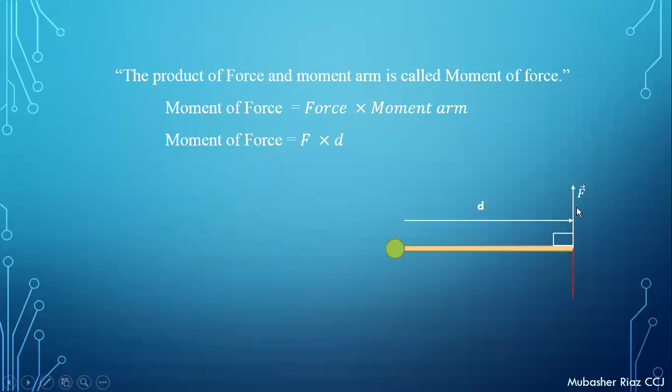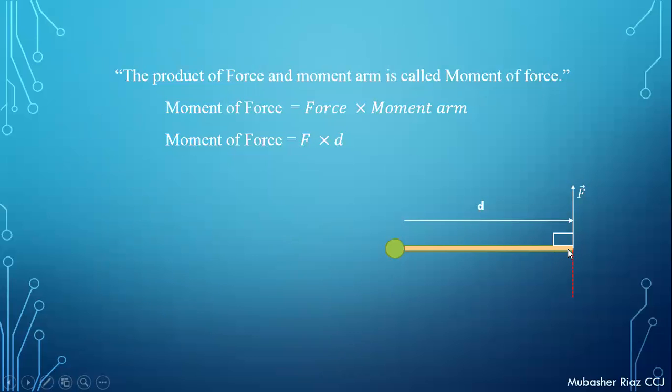This is the line of action of force where force is being applied, and the distance between the axis of rotation and the line of action of force is called moment arm, represented by D. So when a force is applied at this point perpendicular to its moment arm, this angle should be 90 degrees. When it is perpendicular to the moment arm, then this object tends to rotate.